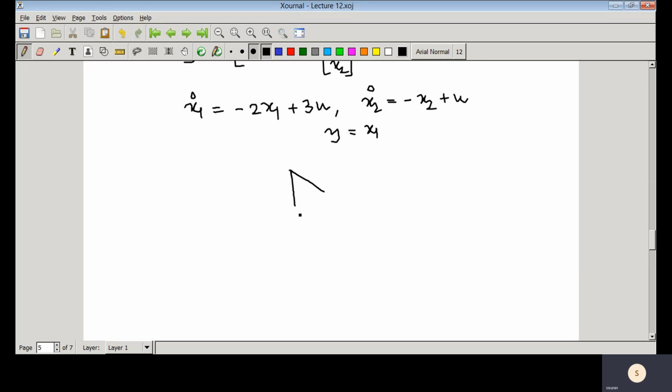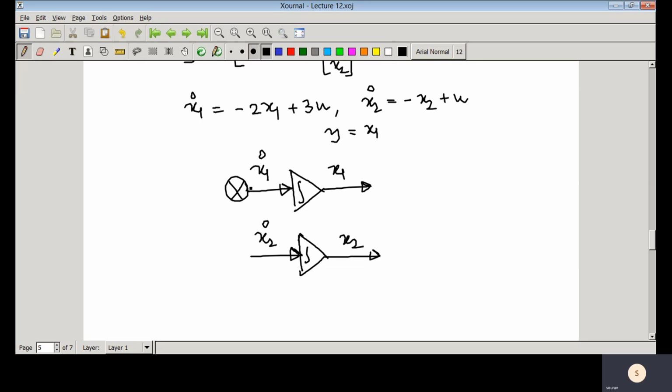Here you have two state variables x1 and x2, and this is the integrator. For x1 dot, we can see that there is a gain 3 and the input u entering here, and here this is minus, so the gain is 2, and the first equation is satisfied.